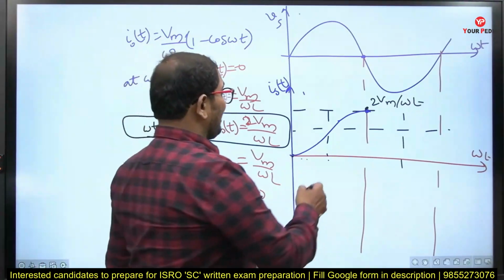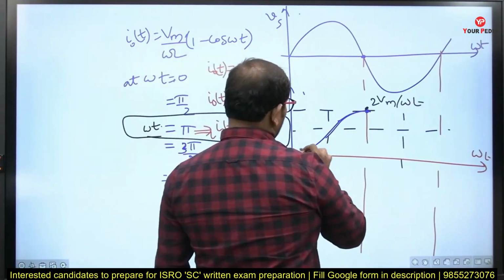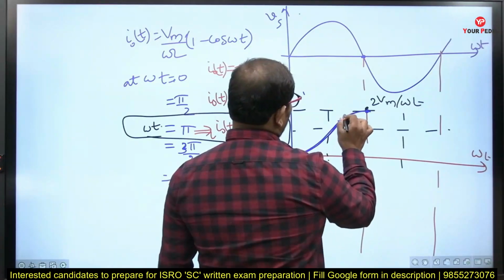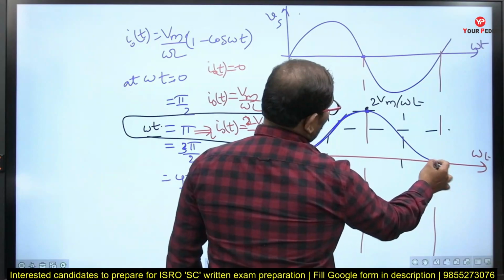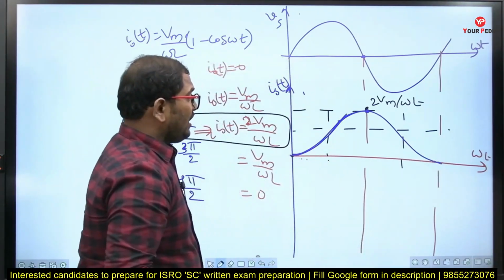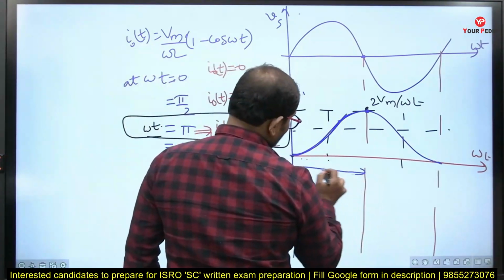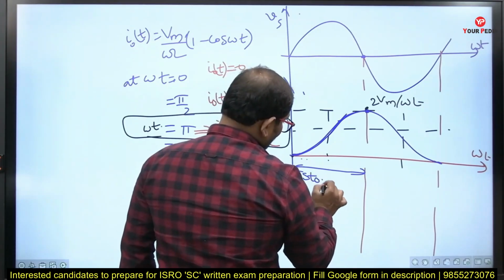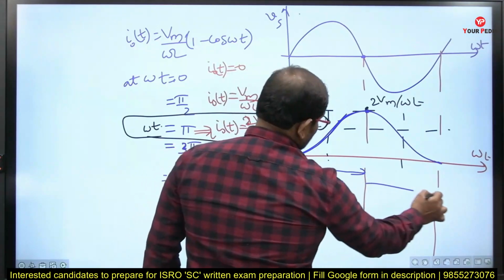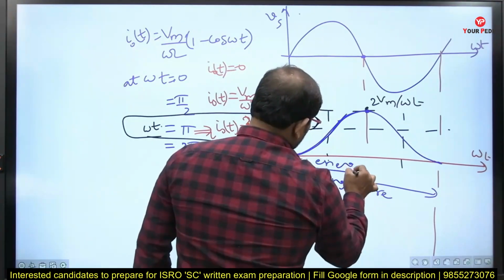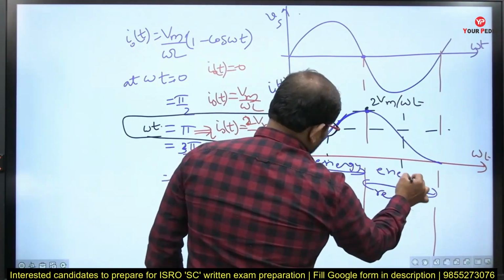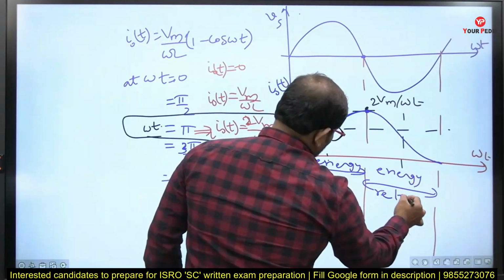So this is the time period where your inductor stores energy. The same time period it will take to release the energy. So this is the storing time, and this is the energy releasing time.